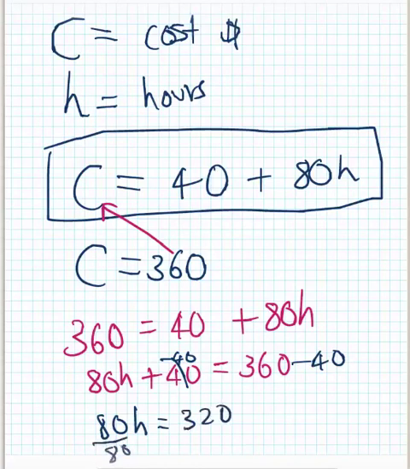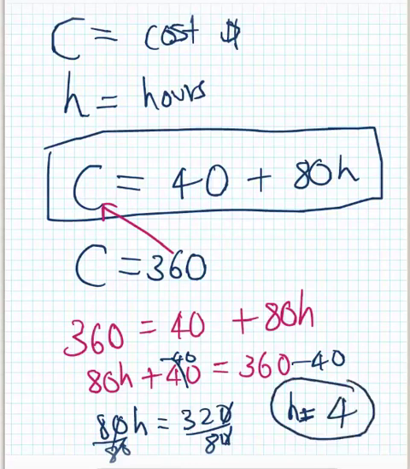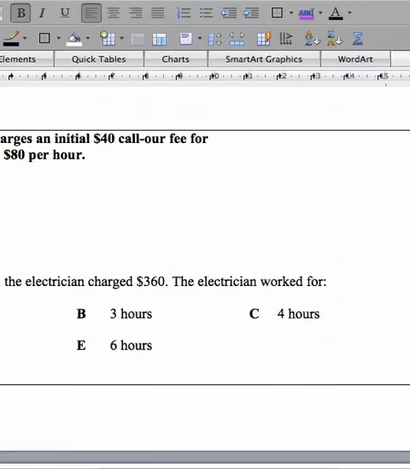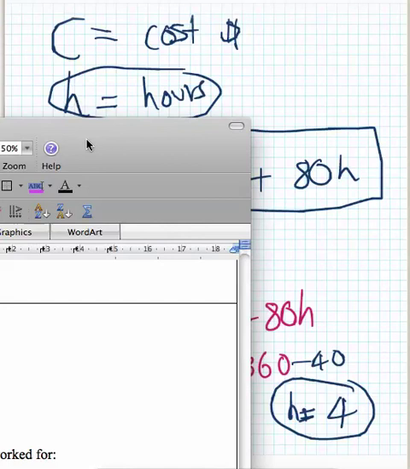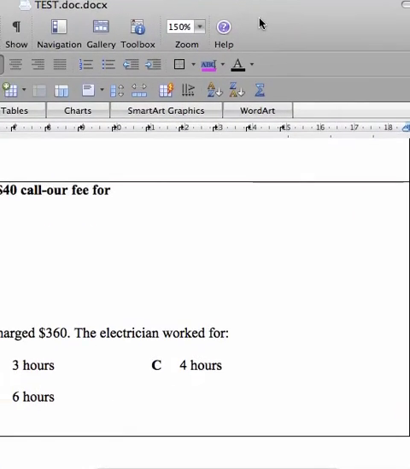Divide by 80. Cross the zeros off. So H will be equal to, 32 divided by 8 is 4. So that's telling us, H we know stands for hours. He would have worked for 4 hours for him to charge $360. And this one was a multiple choice question, and it looks like the answer was C.